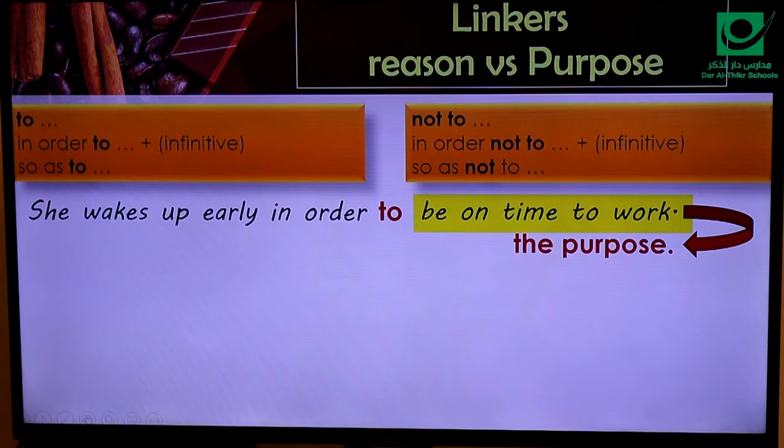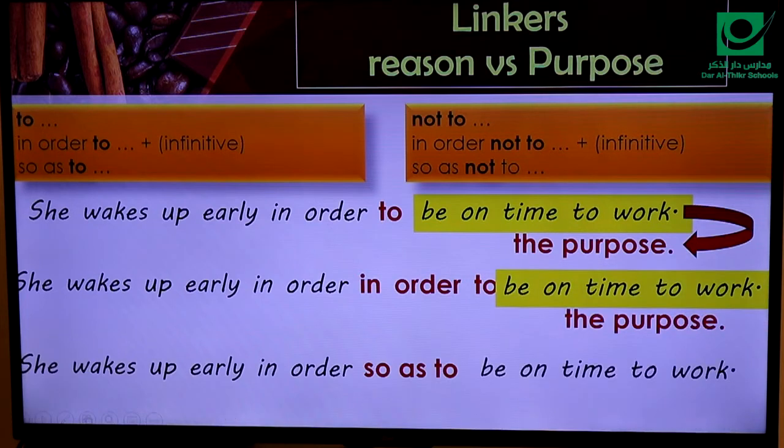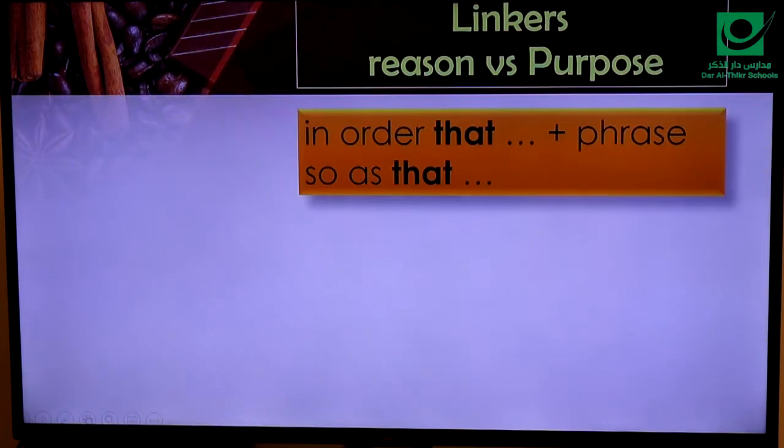So again, these things, to, in order to, so as to, are followed by the purpose, why we do the thing in the part of the sentence before to. She wakes up early in order to be on time to work. So as to be on time to work gives the same meaning. All are talking about purpose.